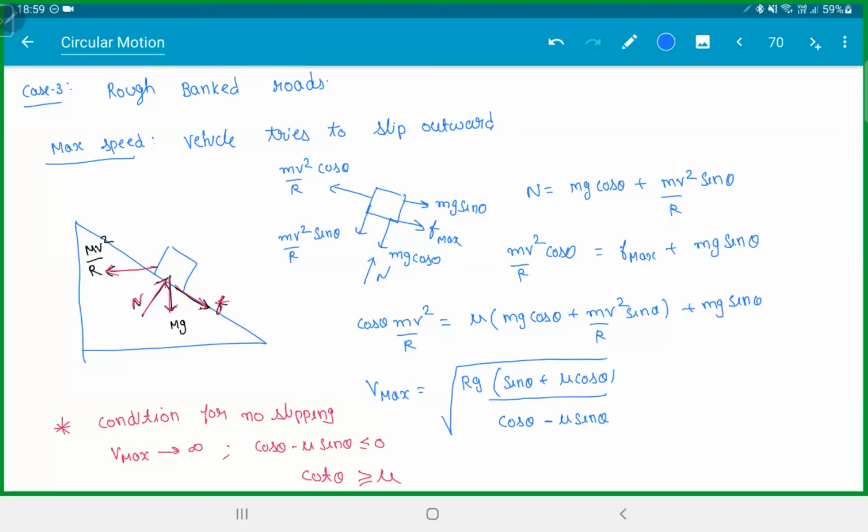You're right. Clear? Can you find the minimum speed? Try. I'll give you a minute. The only difference is that the friction with minimum speed will be upward now. Solve. Use this as a reference. It is just solving brute force, nothing else. Try. I'll give you a minute and a half. Find the minimum speed.